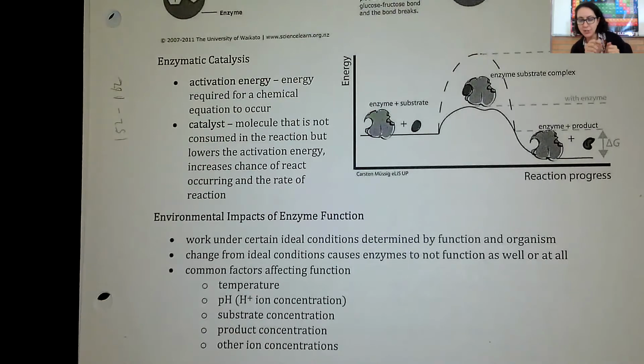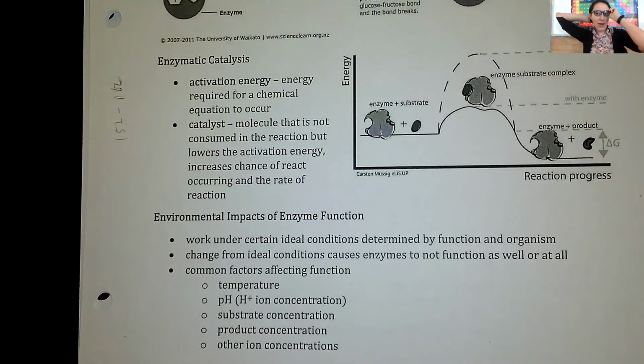If the temperature changes, the shape of enzymes will also change. And then those enzymes will no longer function, and that cell will not be able to survive without being able to do all the important chemical reactions that need to happen for it to live. The same thing is true with a lot of other factors, like pH is a huge one.